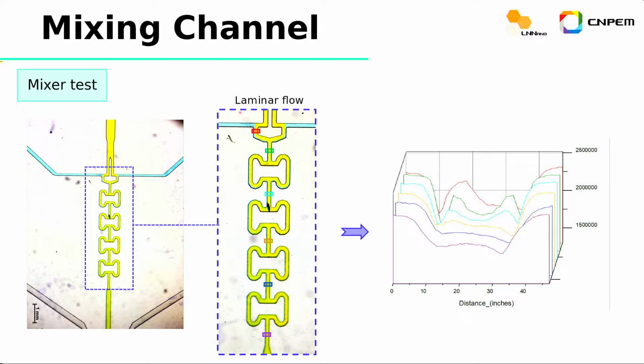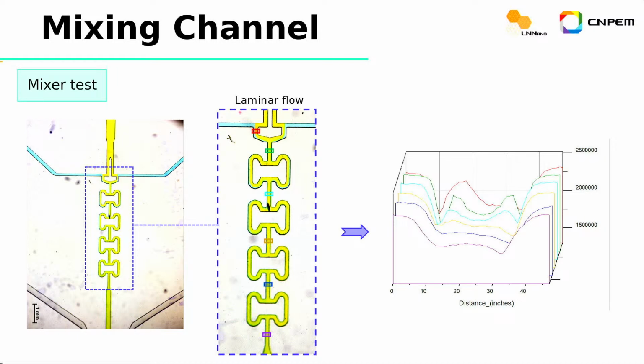This is an image taken from the channel. The two liquids, yellow and blue, we check them over the channel. It's not easy to see here, but if you check the borders, we can see some light blue on the borders.